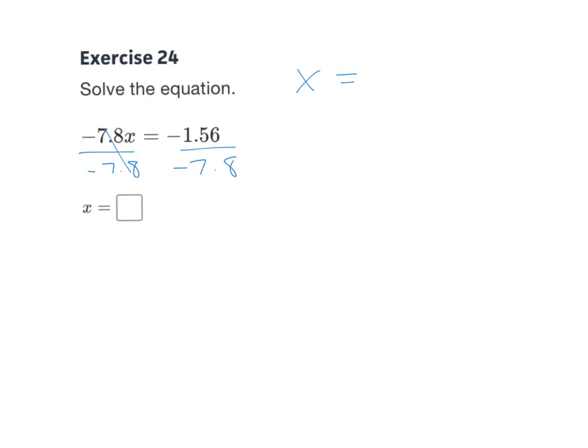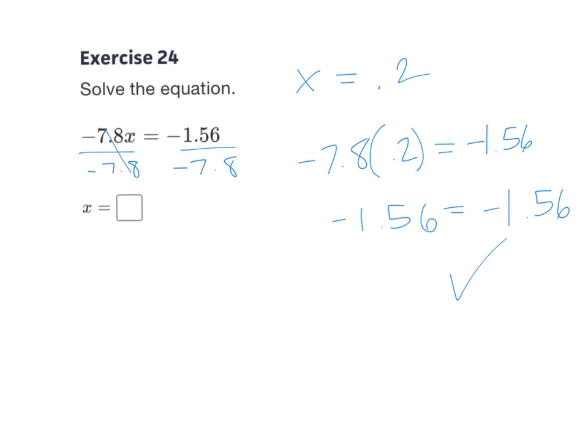That gives me 0.2. Positive 0.2. Now we can check our answer. Negative 7.8 times 0.2 has to be equal to negative 1.56. So I got negative 7.8 times 0.2 gives me negative 1.56. There is my check.